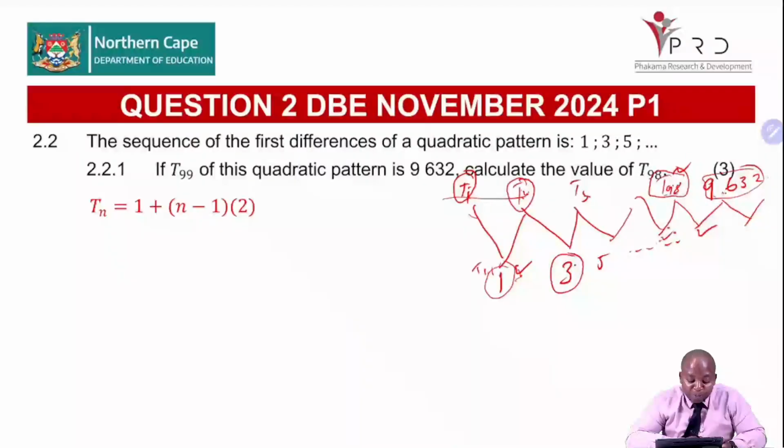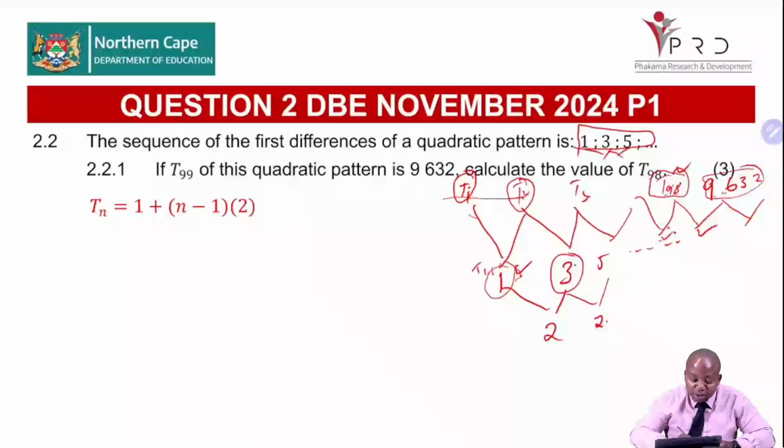So I'm going to work with my Tn, considering my sequence as arithmetic. Then my a is 1, then my d is 2. When I subtract further here, you can see this is 2 and 2. Then my arithmetic is going to be Tn equals 2n minus 1.